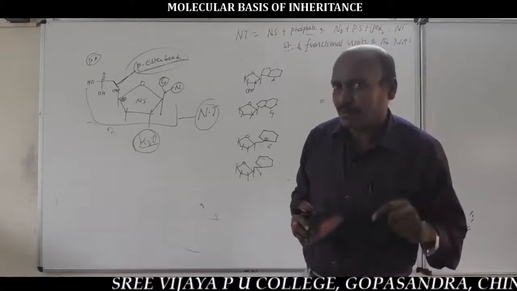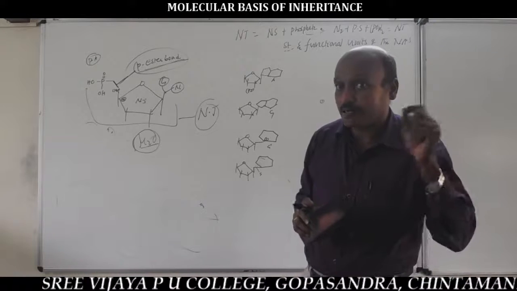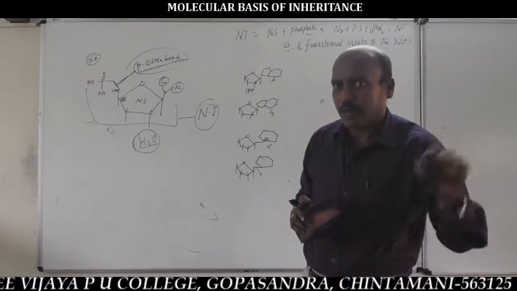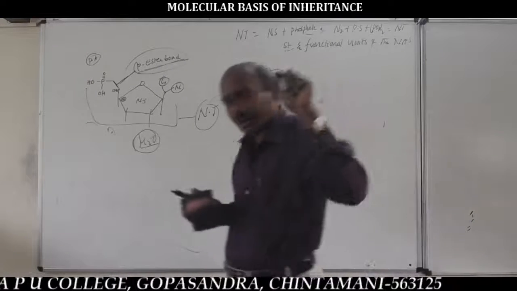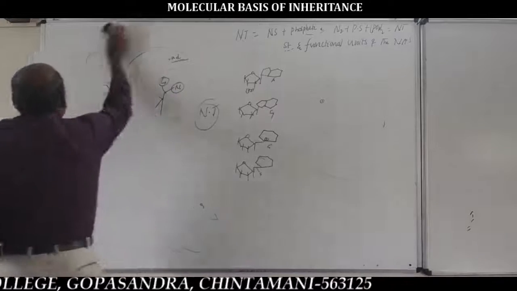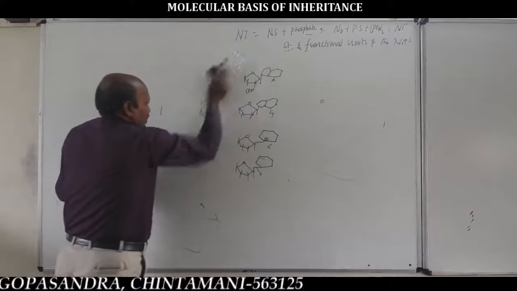On the basis of the type of nitrogen base, either purine or pyrimidine, DNA contains four different types of nucleotides.